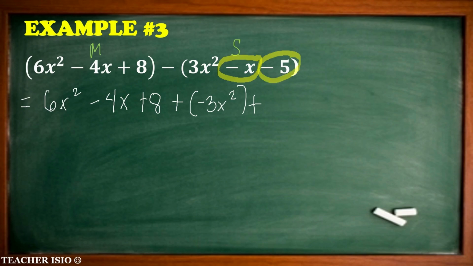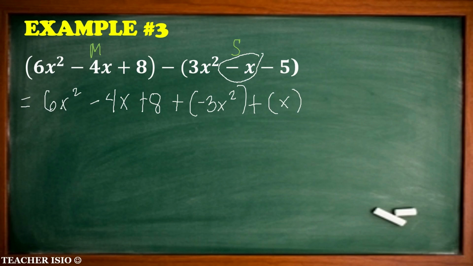Okay? So kapag ang operation nakatabi ay minus, consider siya as negative. So let's continue. So plus, so we have negative x. Consider siya as negative, ha? So magiging positive x. Very good.